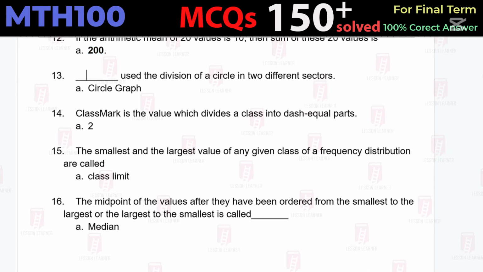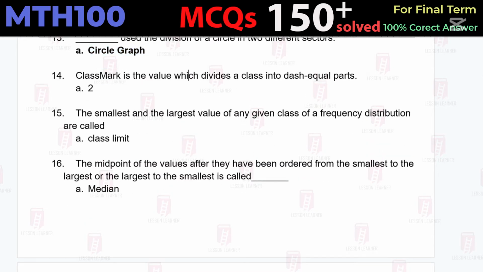Dash used for the division of a circle into different sectors is called circle graph. Class mark is the value which divides a class into dash equal parts.